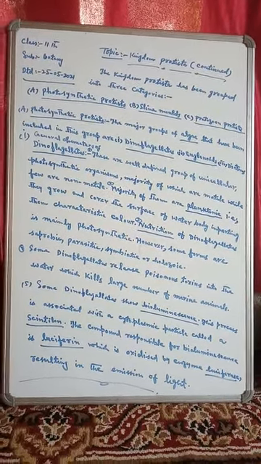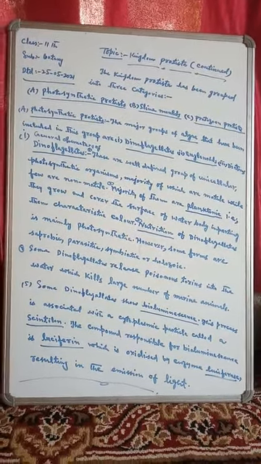The first general character of these dinoflagellates is that these are a well-defined group of unicellular photosynthetic organisms, the majority of which are motile while few are non-motile.